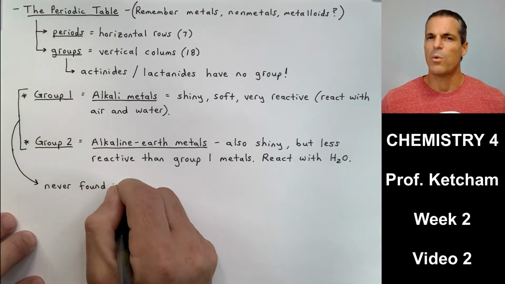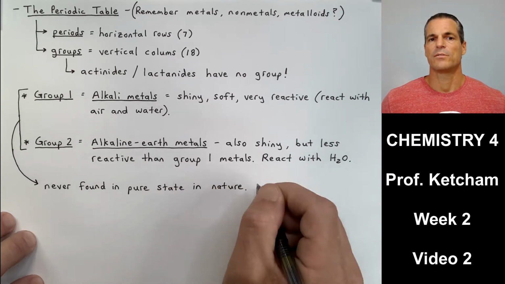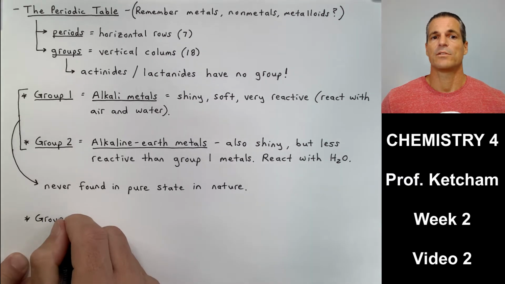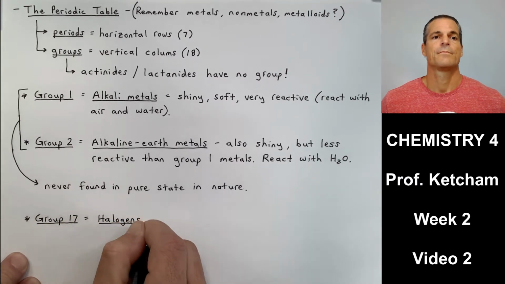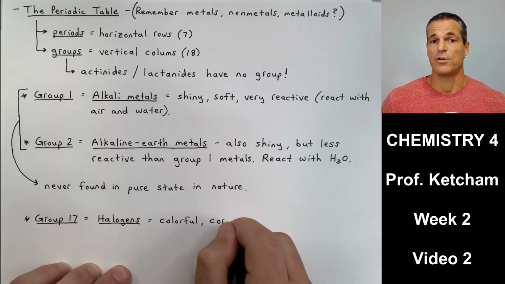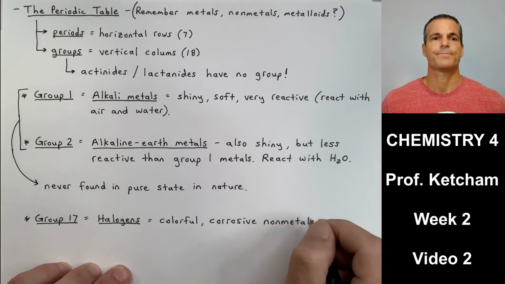They do react with water, but they don't react with air. Alkaline earth metals are things like magnesium and calcium. Alkali metals are things like lithium, potassium, and sodium. Group 1 and group 2 are so reactive that they're not found in their pure states in nature. They're usually found in compounds.